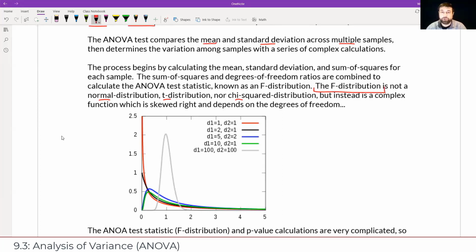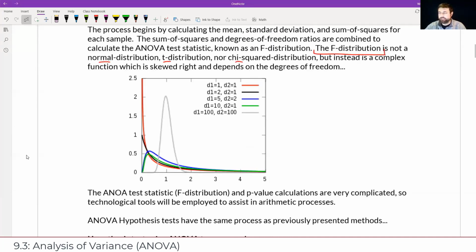So the F distribution is what you use when you're calculating all these multiple samples, okay? And the graph looks really crazy. Here's just an example of a small sample of F distributions. And you can see finding the area under these curves would be difficult to do. And so we're gonna rely heavily on technology to do this.